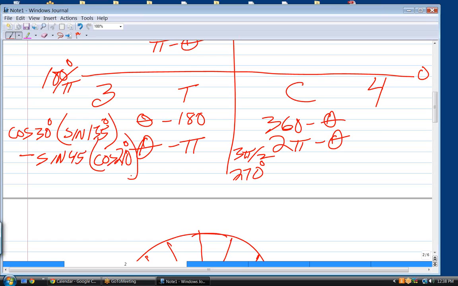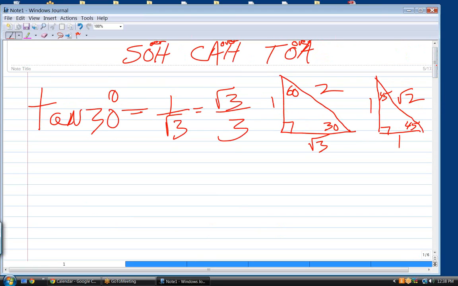Each of these needs us to identify what each one is. Well, what's the cosine of 30? That is 1 over 2. Look at the triangle. Or, sorry, square root of 3 over.